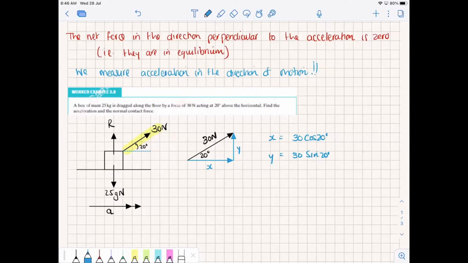Because if the net force was not zero, that object would also be moving in that direction. That tells me that in my problem at the moment, if the net force is zero, because the acceleration is happening in a perpendicular direction, that means my vertical components are in equilibrium.